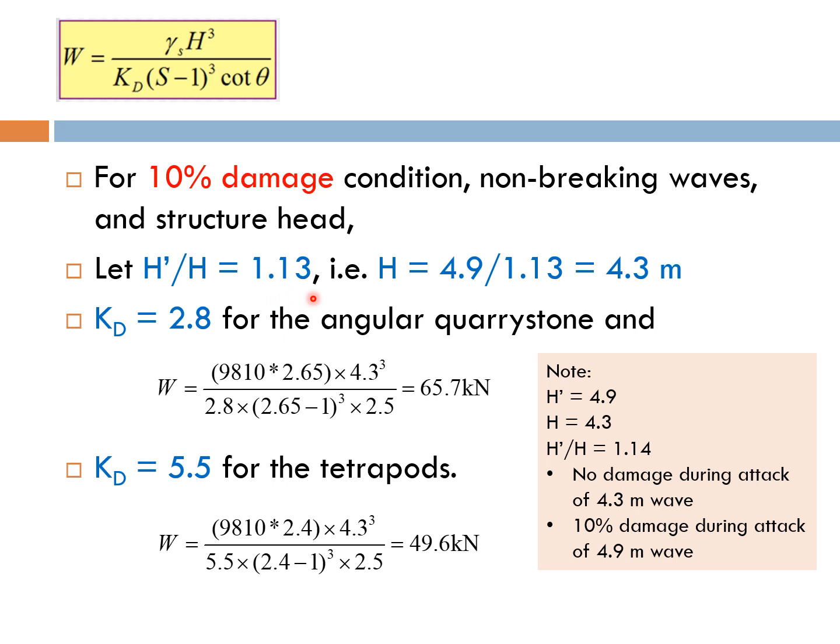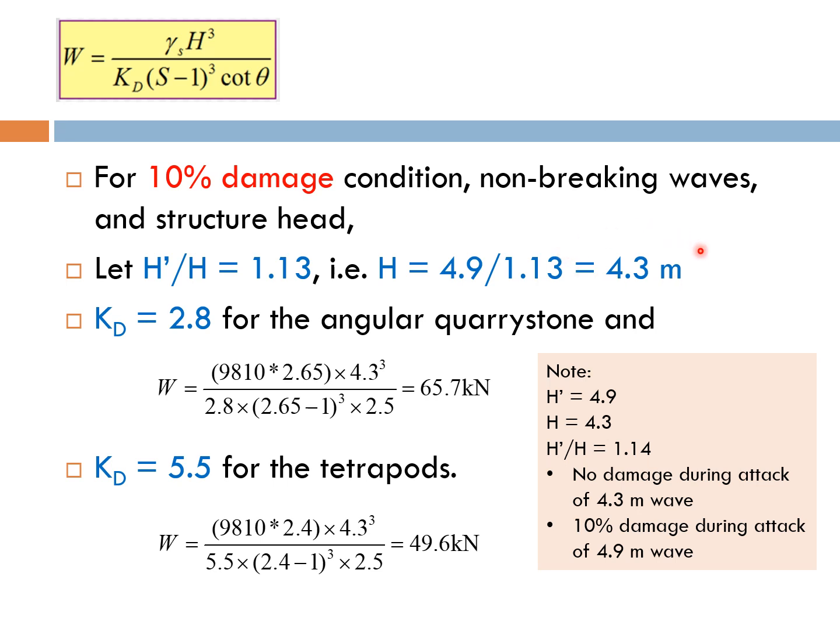In this case, since our design wave height is 4.9 meter, by dividing 4.9 by 1.13, we get 4.3 meter, which means that we are now going to apply the Hudson's equation using a wave height of only 4.3 meter.